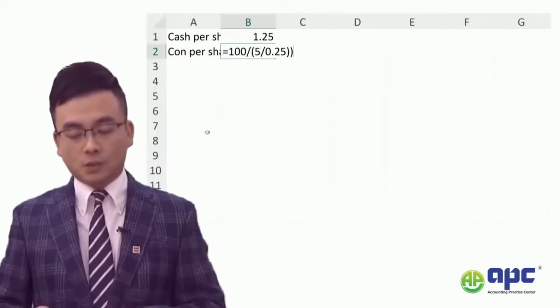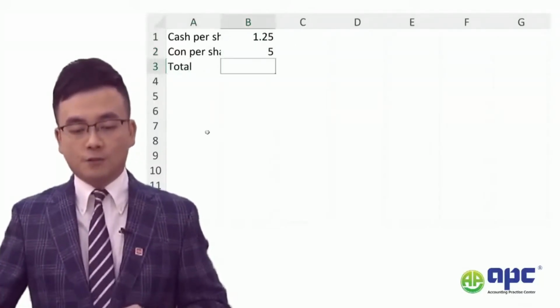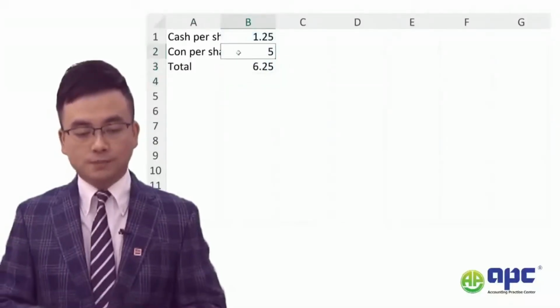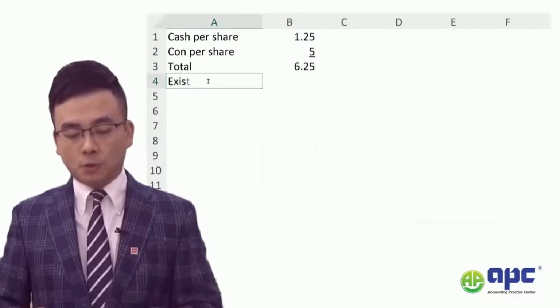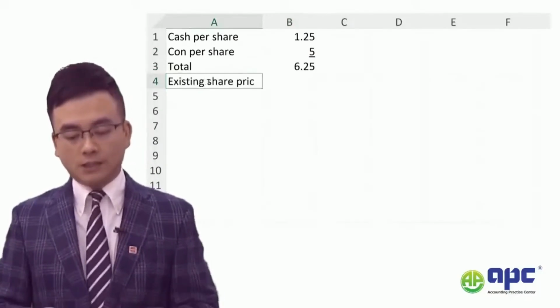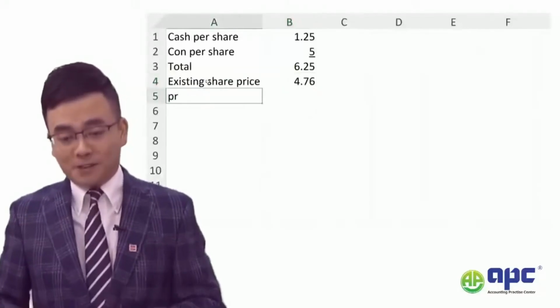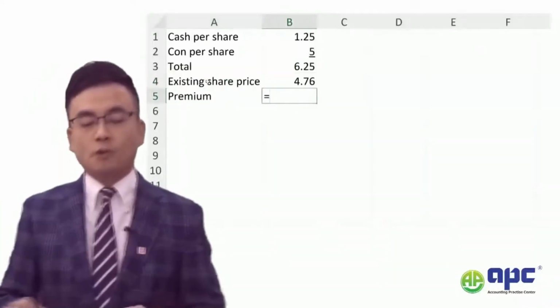So the total value that we offer, we sum the above, which means 6.25, compared to the existing share price of 4.76. We can calculate the premium, or the additional amount that we would like to pay. This minus that gives me 1.49.